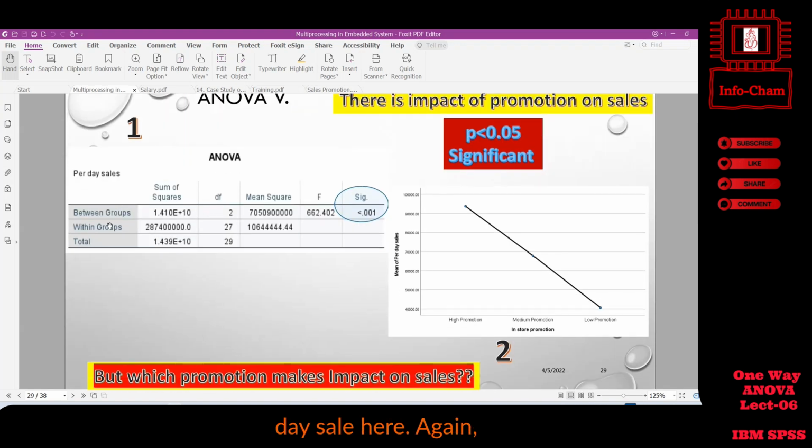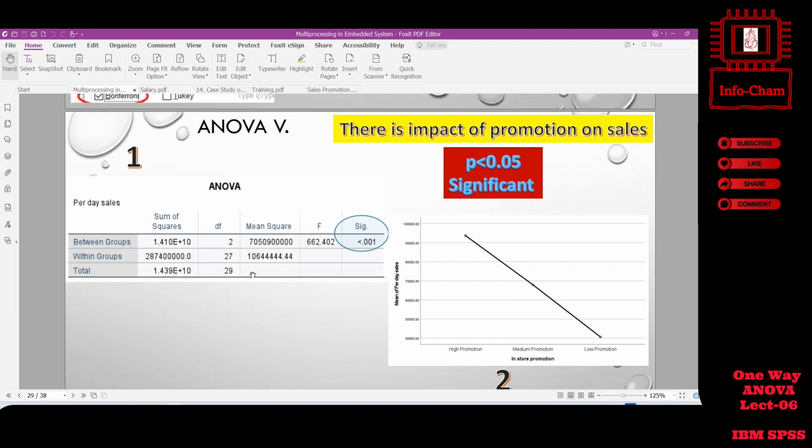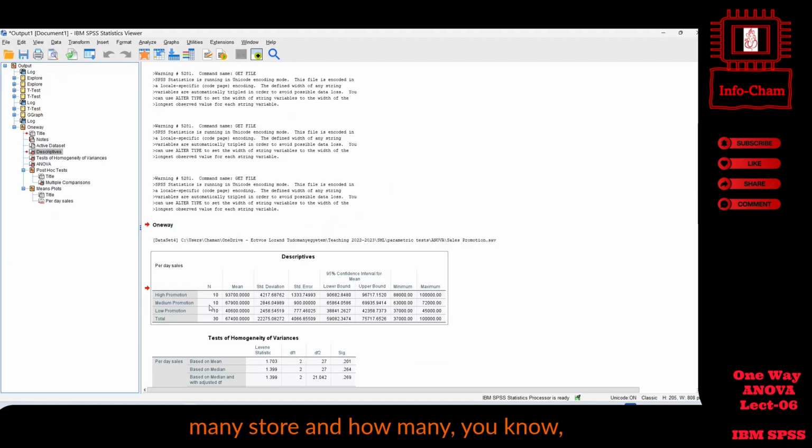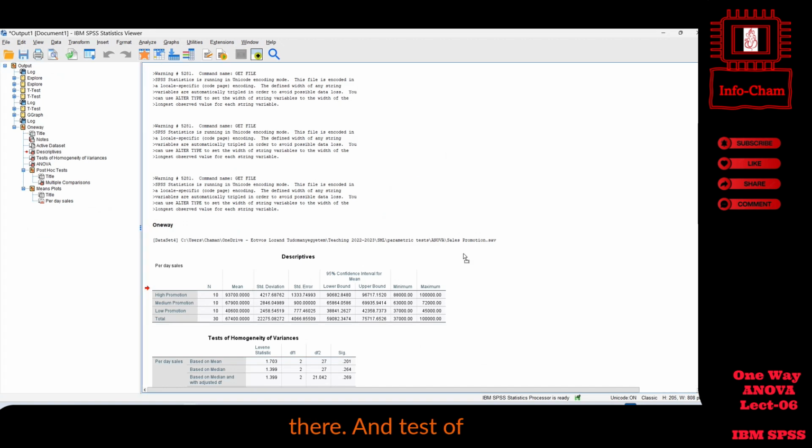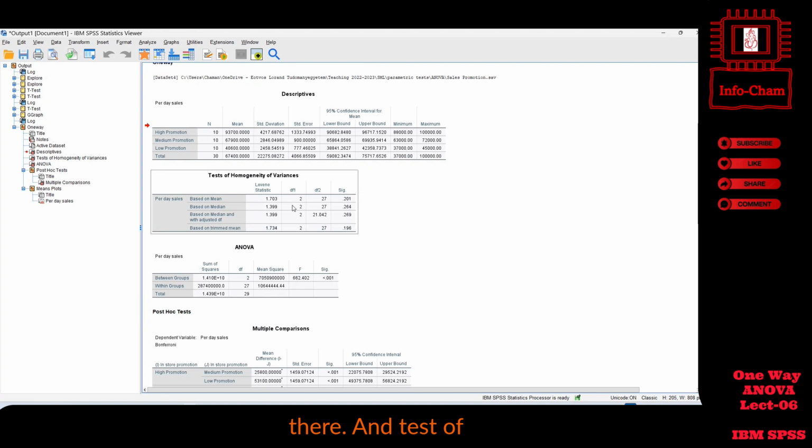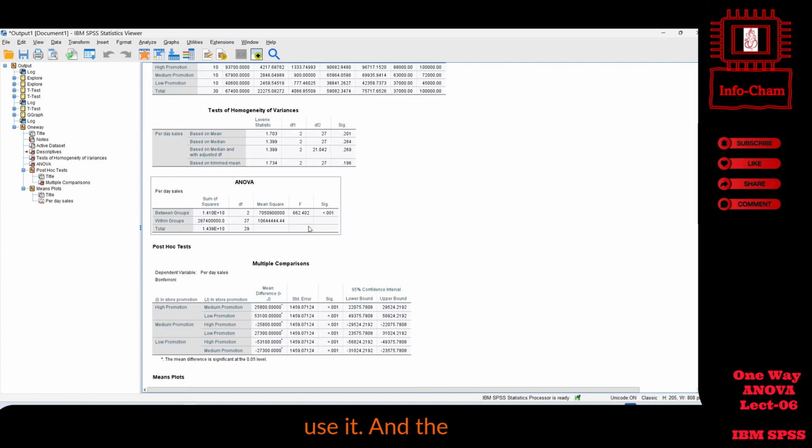This is the per day sale. Descriptive statistics will tell us how many stores, the mean value, the average, everything is there. And the test of homogeneity, this is the Levene test. If you remember, it is good again. We can use it. And this table is important.